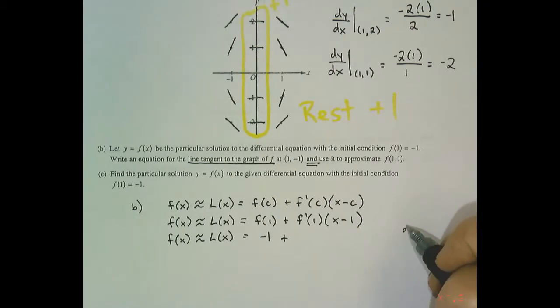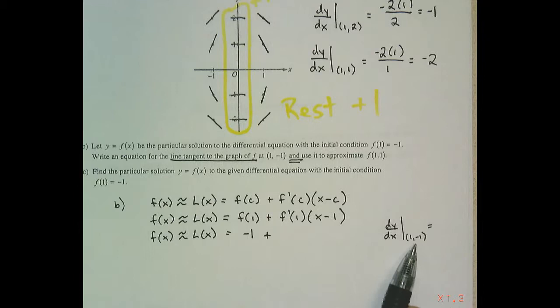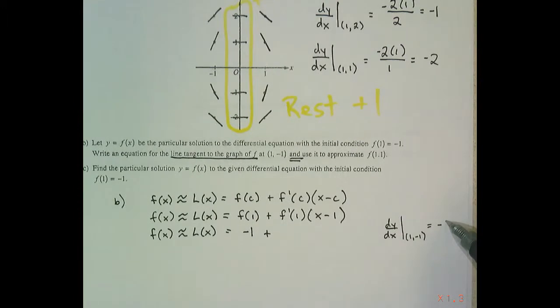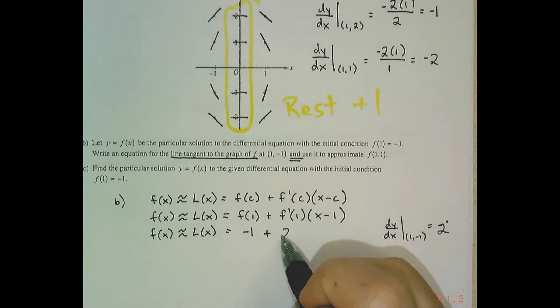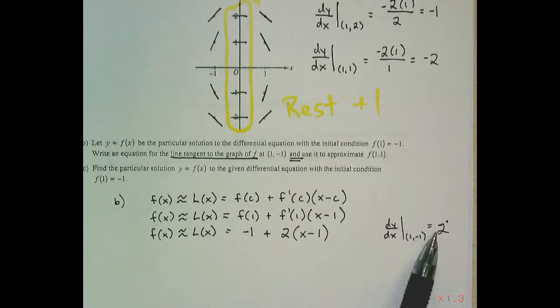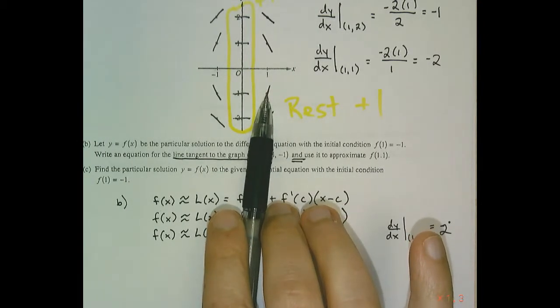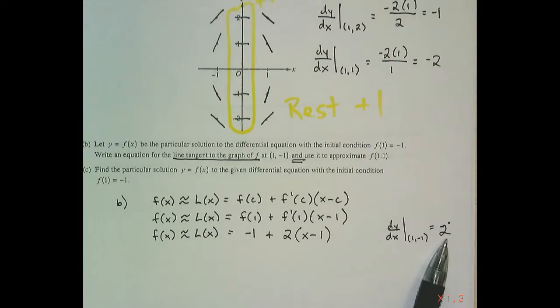So if we wanted to, off to the side, double check that number, we're going to stick that (1, -1) into our slope generating equation, and we get a slope of positive 2, which is supported with our graph shown there as a slope of 2.